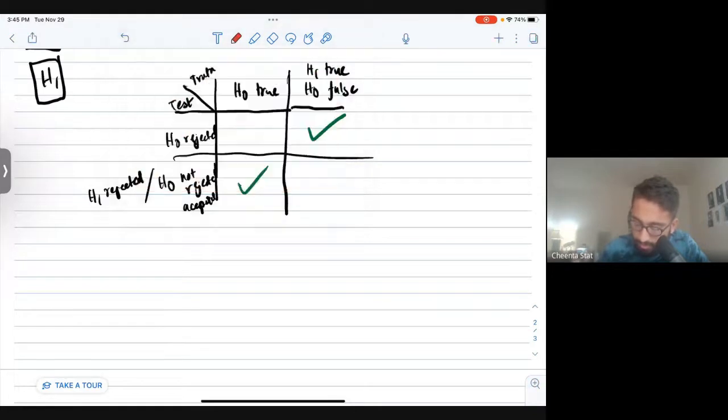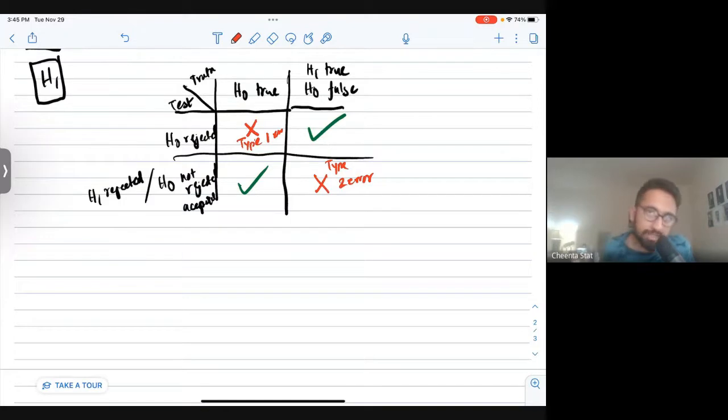There are two cases where H1 is true but it is rejected, and where H naught is true but it's rejected. Another case is when H naught is false and it's accepted. Both are errors. This is called type 1 error, and this is called type 2 error.